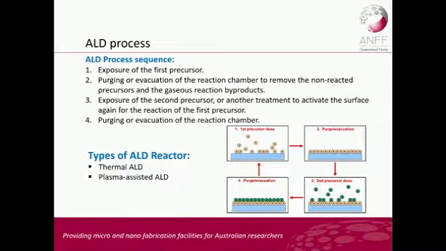First you expose the first precursor. After that you purge and evacuate, then you get the first atomic layer deposited. After that, you introduce a second precursor into the chamber, and then you purge and evacuate. Then you get the second atomic layer.